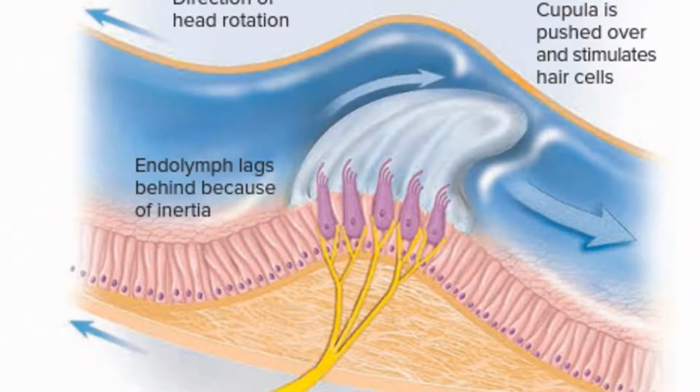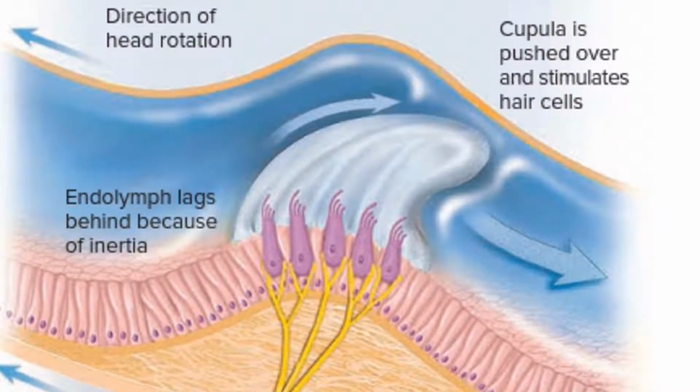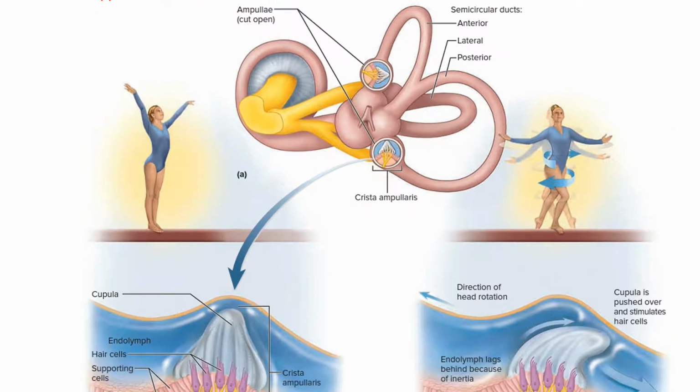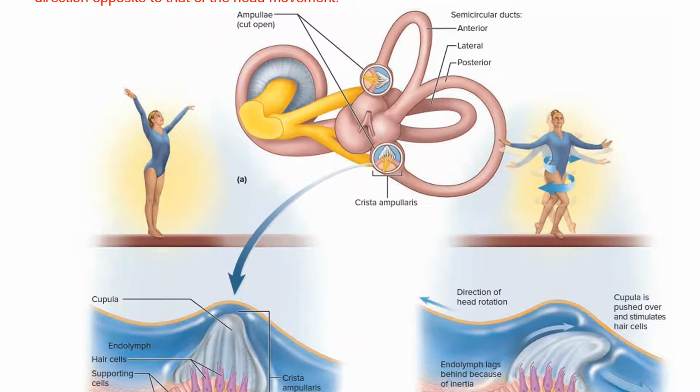As the endolymph lags behind because of inertia, this endolymph is pushing the cupula. So here you can see the cupula is pushed over. And you see in which direction the cupula is bent when the head is rotated. You can see the direction of head rotation and the direction of cupula bending are opposite. So hair cells are also bent in the direction opposite to our head. This is the entire figure.